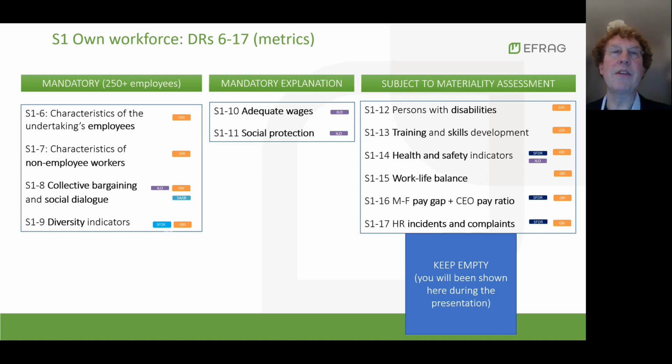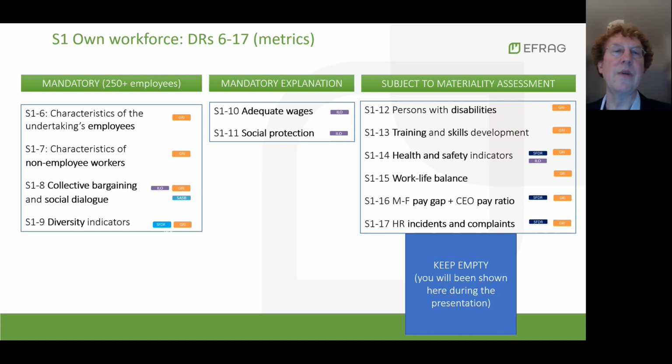Secondly, there's a number of metrics contained in S1 Own Workforce. So the first set are mandatory for all undertakings with at least 250 employees. That's S1 6 through S1 9. And you can see with the little colored boxes where the inspiration comes from for these disclosure requirements. As you can see, all 4 of these disclosure requirements are based on GRI disclosures. We have another one from SASB.